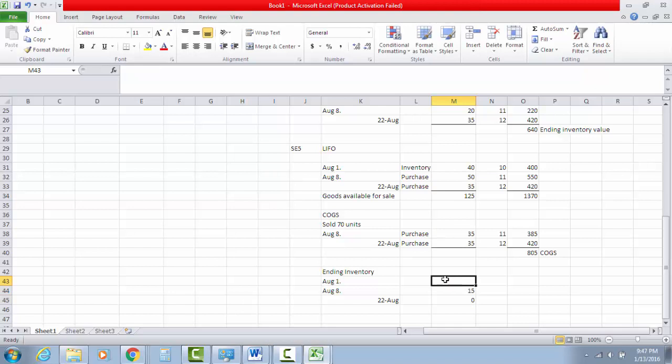And then August 1st, we sold none of those units, so we would have all of that there. Questions on this? If you have questions as you go through it, please let me know. Ending inventory value is $565.